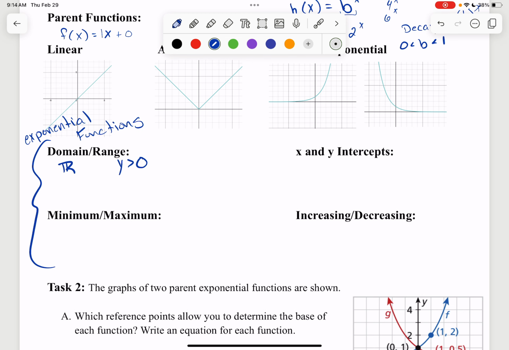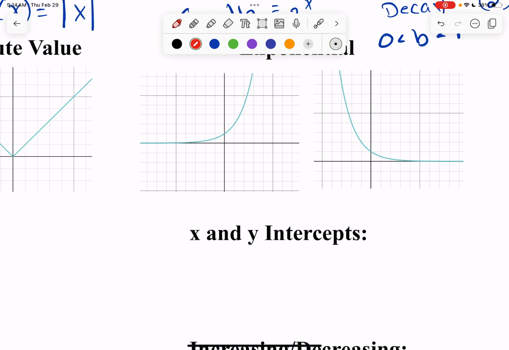Okay, x and y intercepts. All exponential parent functions share this point, because whenever I put in a 0, anything to the 0 power is always 1. So they always have the same y-intercept. The y-intercept is always at 1, of the parent function. Now, if I shift it up or shift it down, that might change.